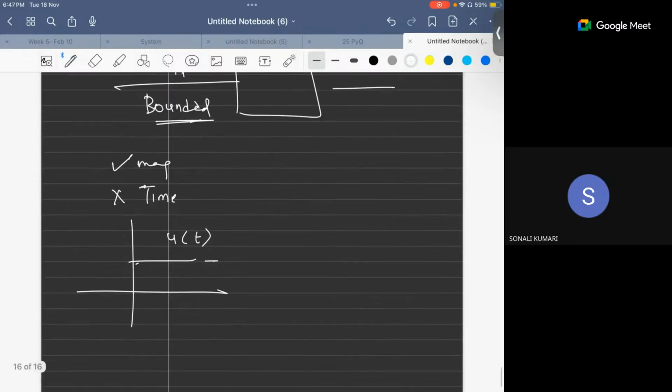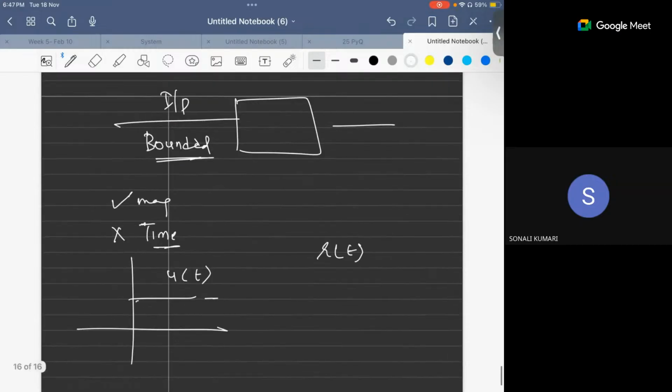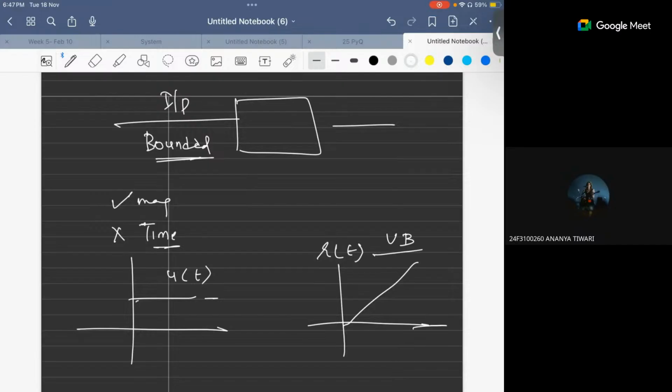We're not talking about the time boundary. For example, if somebody asks about the ramp function, is the ramp bounded or unbounded? Unbounded, correct. Because as the time tends to infinity, the value will go to infinity. So bounded means in terms of magnitude.